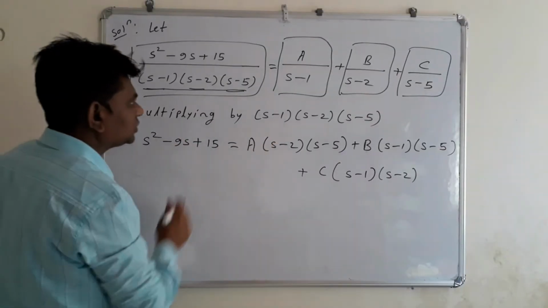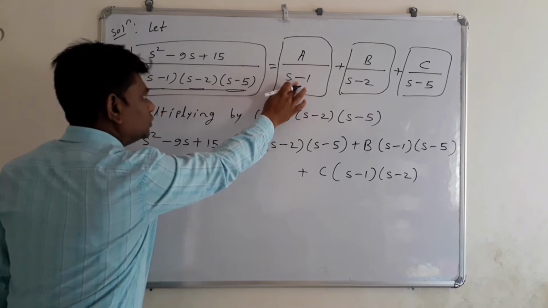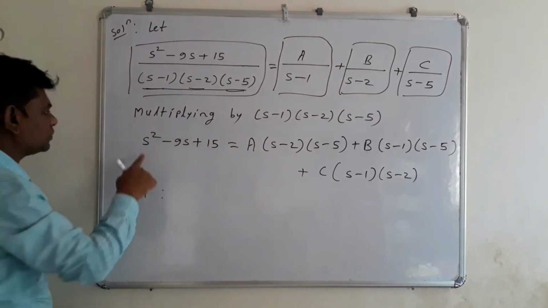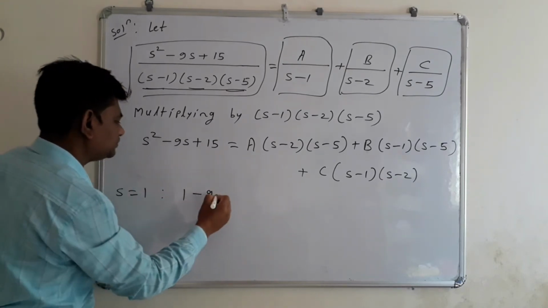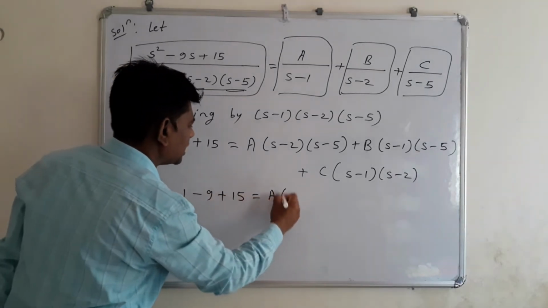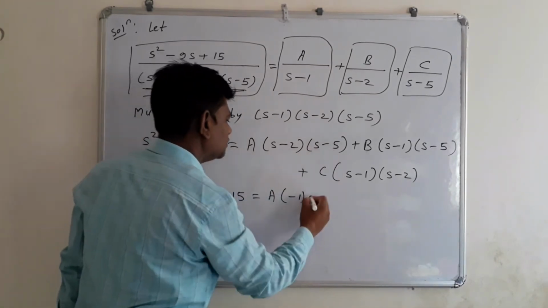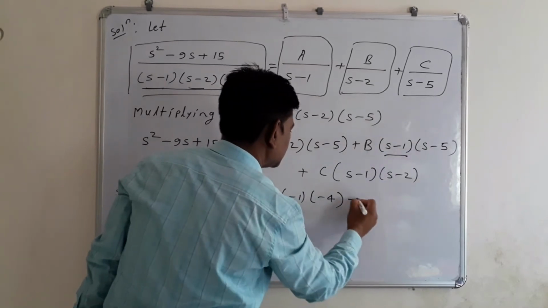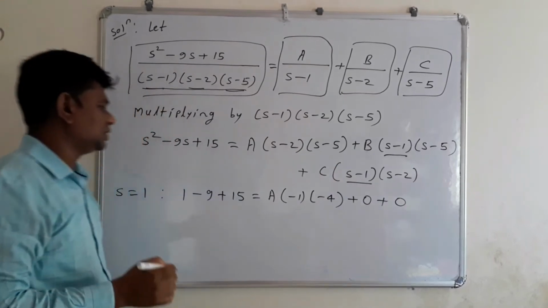Now by substituting s−1=0, that is s=1, this equation becomes 1² means 1, minus 9 times 1 means 9, plus 15, is equal to A times (1−2) which is −1, and (1−5) which is −4. The second term has the factor s−1 which is 0, therefore the whole second term is 0, and again the third term is 0.